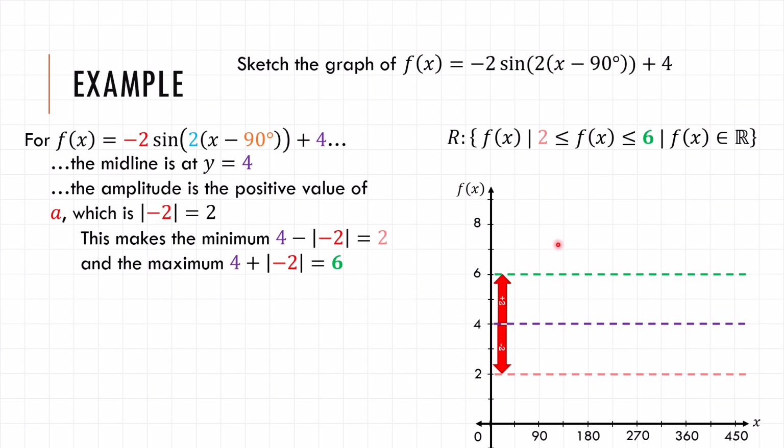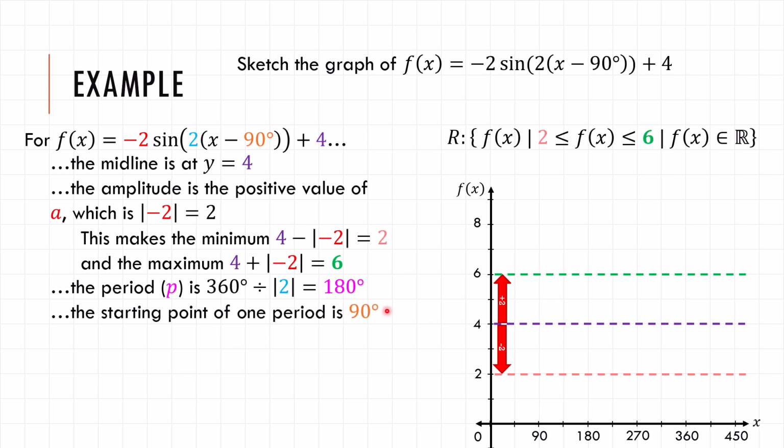Now let's take a look at the domain of one period. So the period in this case is always found by 360 degrees divided by k. So divided by 2 is 180. And this function's starting point is whatever the d value is. So over here, we can see the d value is positive 90, not negative. Remember, this is x minus d. This is actually the d value is positive 90, which would be right over here.